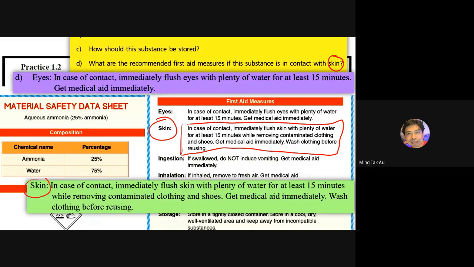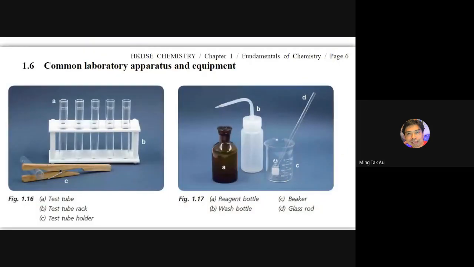I think we mainly pay attention to the skin first. Of course, sometimes the skin may also have potential dangers. You may copy from here, but mainly for the skin. This question is not very difficult. This is just comprehension, right?